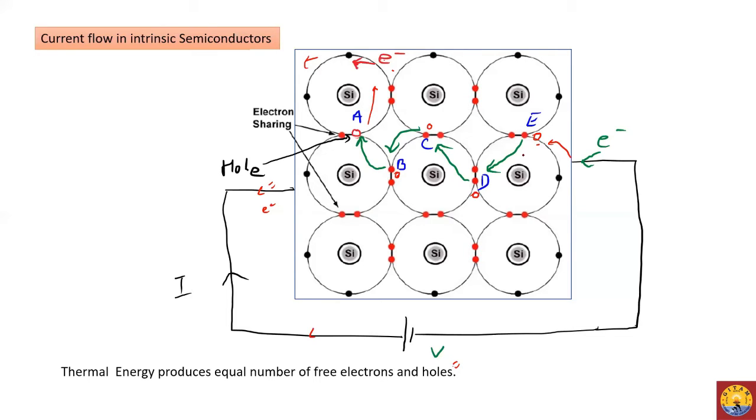Is this clear? This is how electrons move inside the intrinsic semiconductor, silicon, how holes are formed, and how holes also move inside the semiconductor. This is a pictorial representation of current flow in the intrinsic semiconductor.